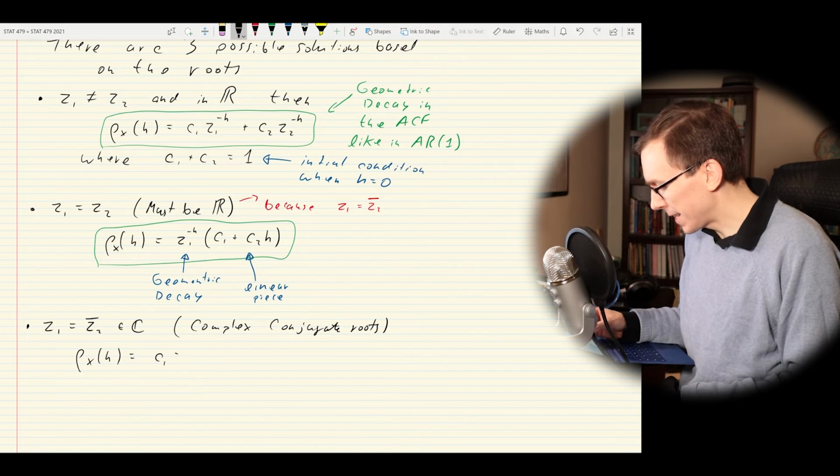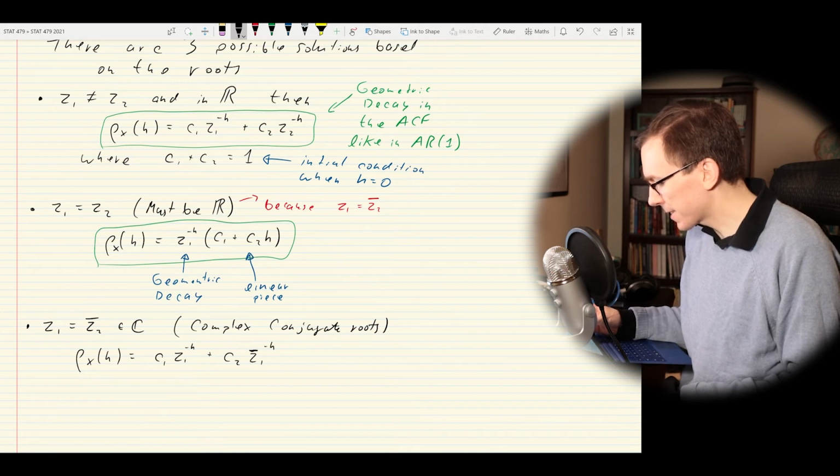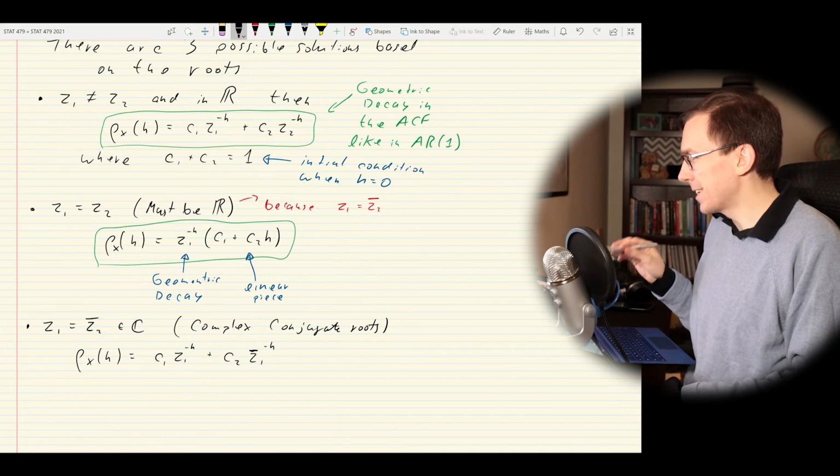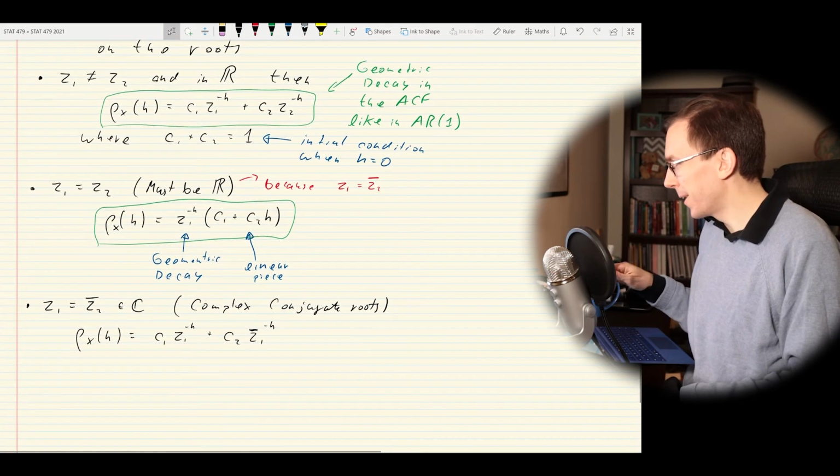So what I'm going to do is write down exactly what I had before, which is Z1 to the minus h, and then we're going to have a C2 with not Z2, but Z1 bar, because they're complex conjugate roots. So we have the same thing there, just a Z1 and a Z1 bar.